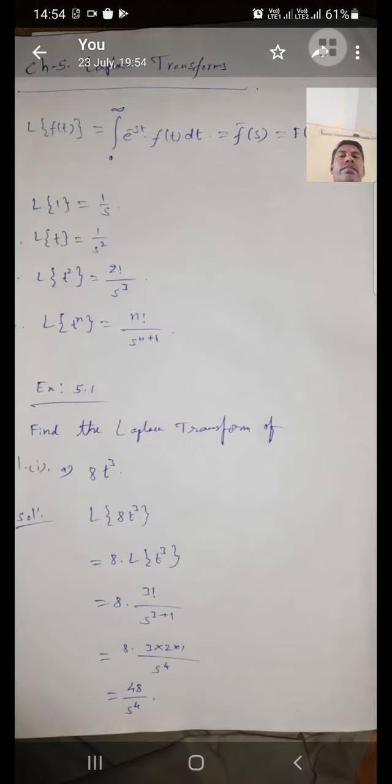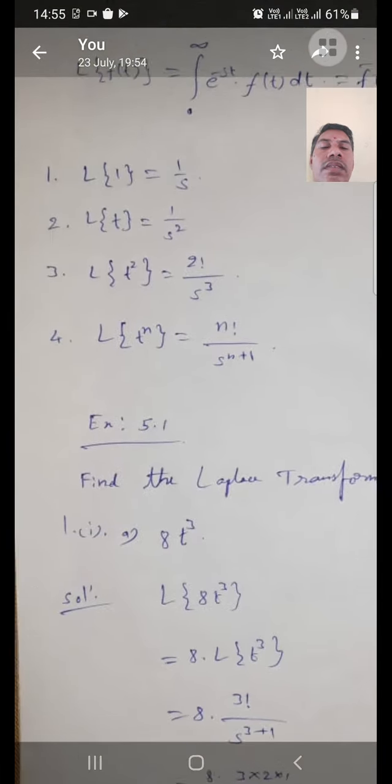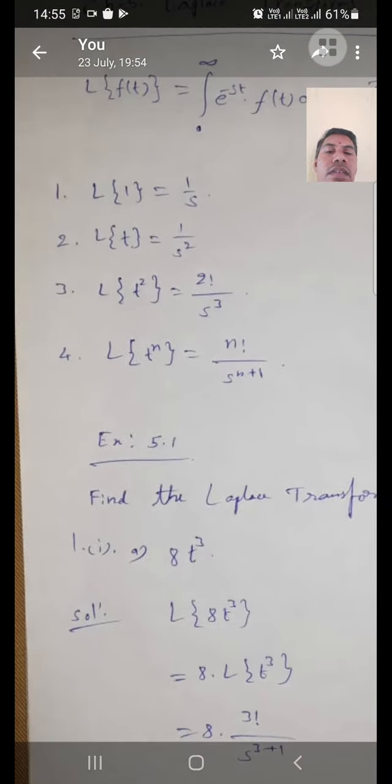See here, Laplace transformation of f of t equals, we can say simply, f bar of s, and the definition is integral 0 to infinity e power minus st f of t dt. Now we see the Laplace transformation formulas.